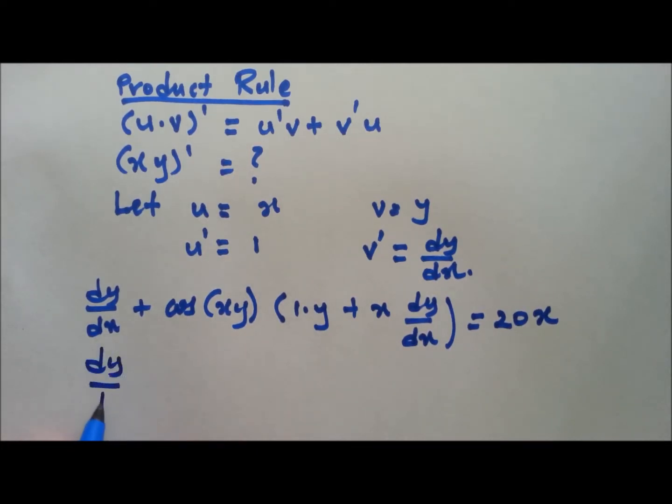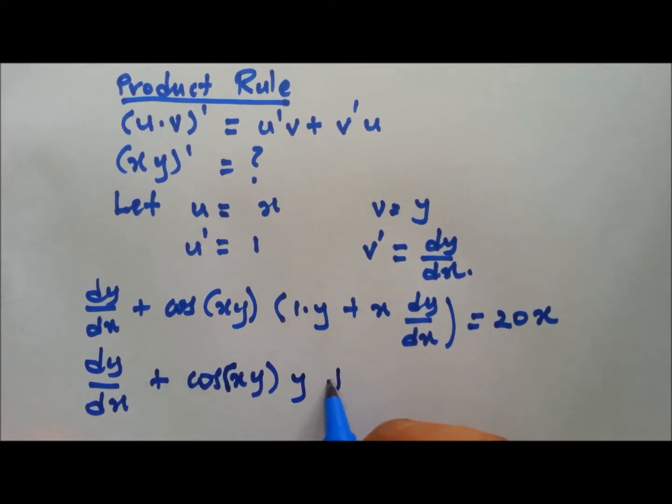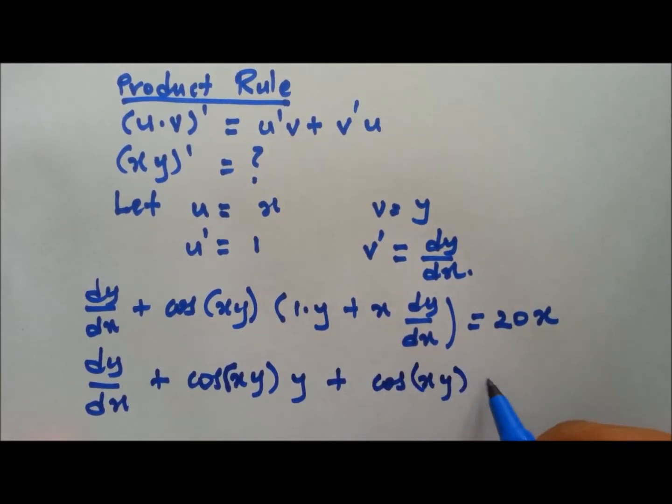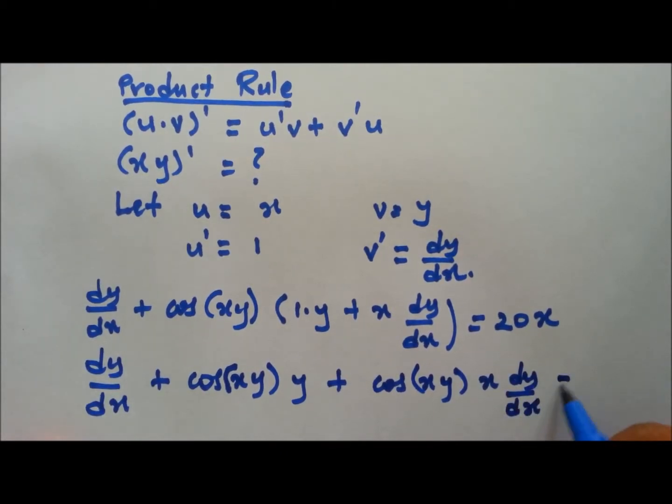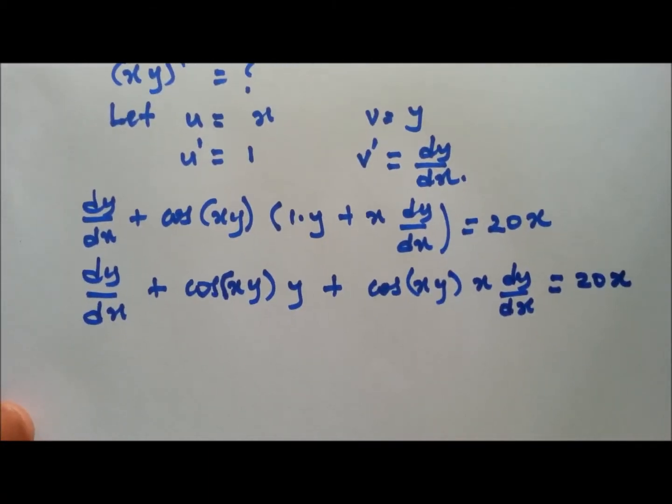Then what we will do is that we expand this bracket. So we'll have dy over dx plus cos of x times y into y plus cos of x times y into x dy over dx, that is equal to 20x. Next, what we do is that we bring all the dy over dx terms together and the others we take to the right hand side.